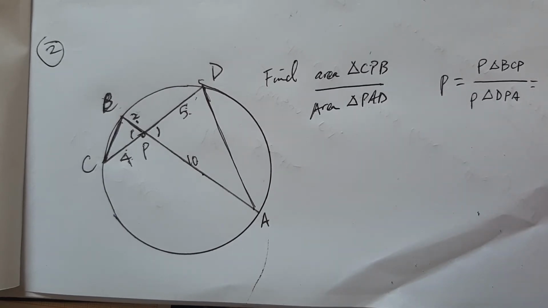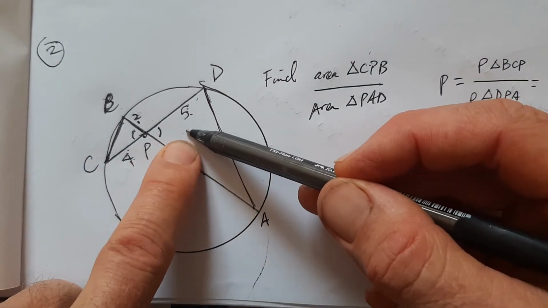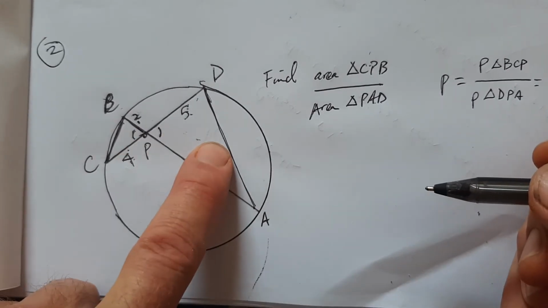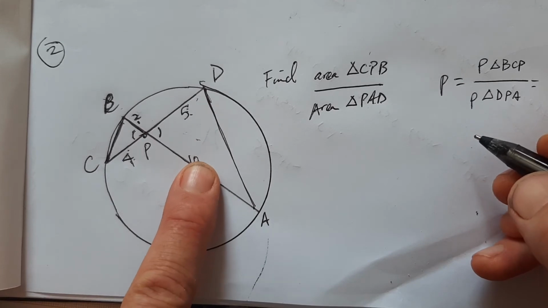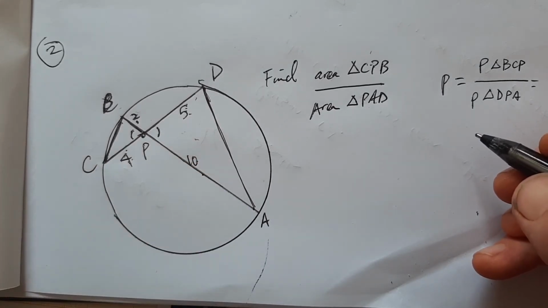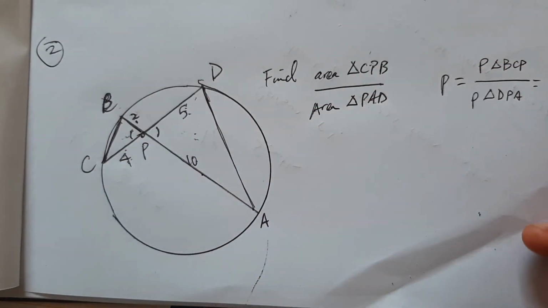Well, if this one was exactly twice as big, then the ratio would be 1/2, right? 1/2, and then the ratio of the areas would be 1/2 squared, which would be 1/4. Like this would be 1/4 of this. So these are 2/5.